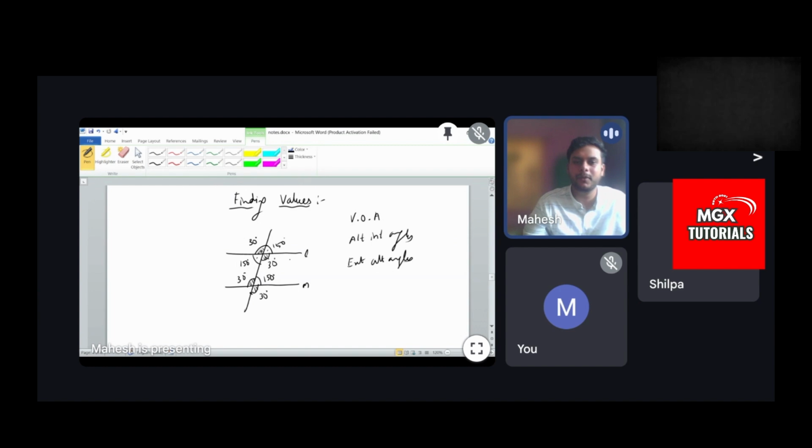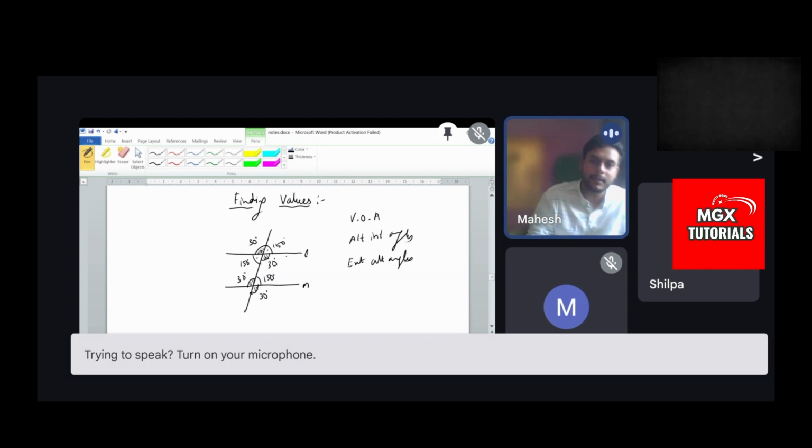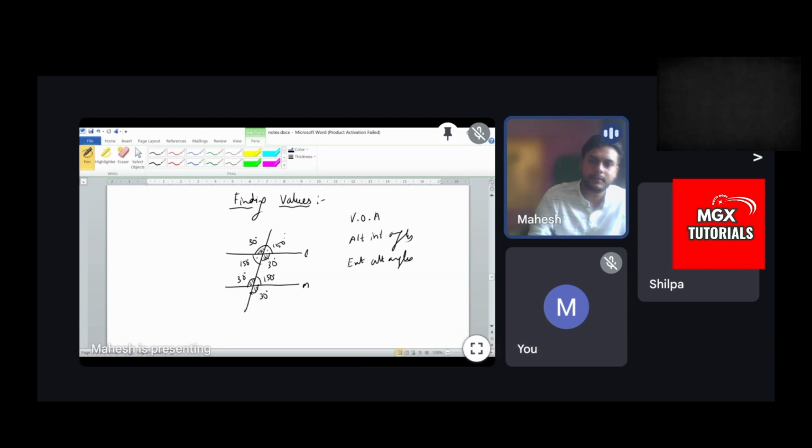I'm showing everything happening in one diagram, at one place. Now see here. Corresponding angles also you can see. If this is 150 degrees, this will be 150 degrees. Corresponding angles. Okay, I hope you understood.